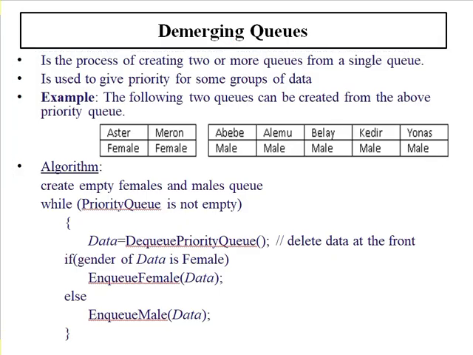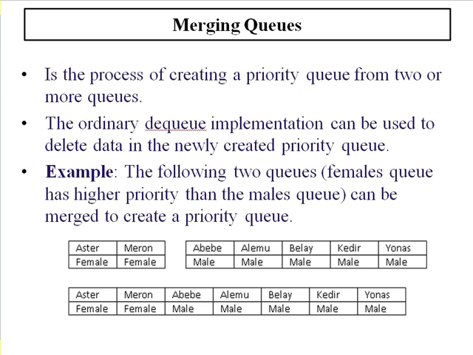So the demerging process is simply a process of creating two or more queues from a single queue. And the merging process is the opposite of demerging. So merging is just a process of creating a single priority queue from the given sub queues.